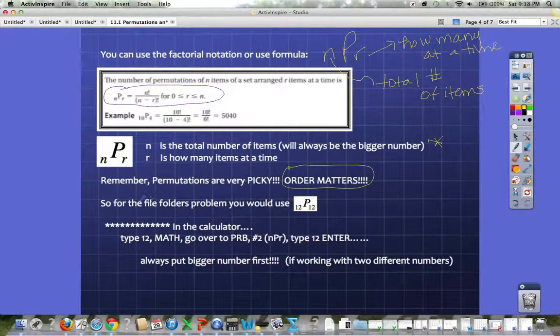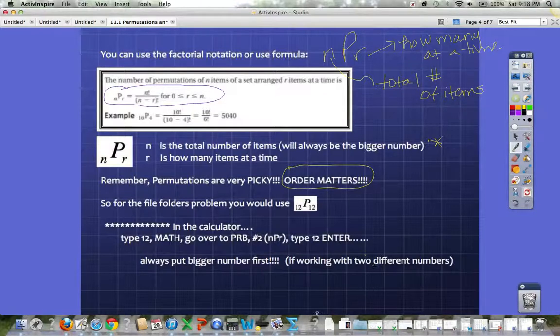So for the file cabinet, file folder problem, you could have used this thing right here called 12P12. And that little formula there is in your calculator for you. All you have to do is plug things in. There were 12 file folders, and there were 12 number of times that they were being put in. Okay, so 12P12.